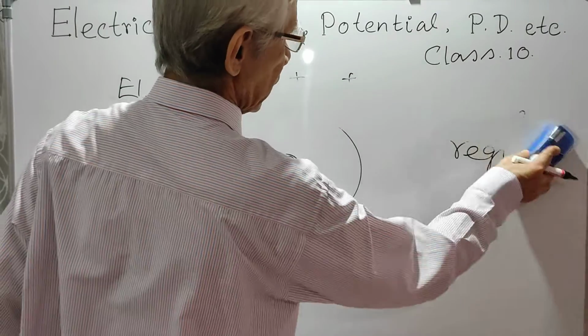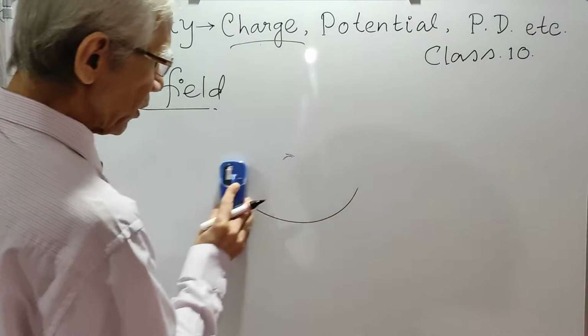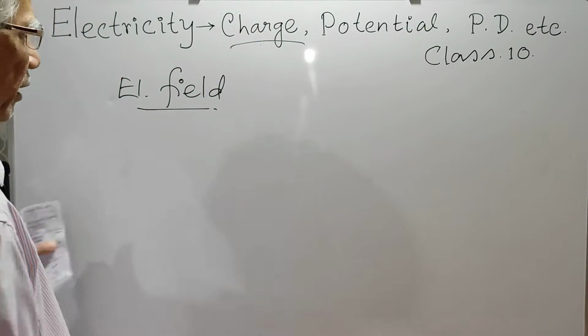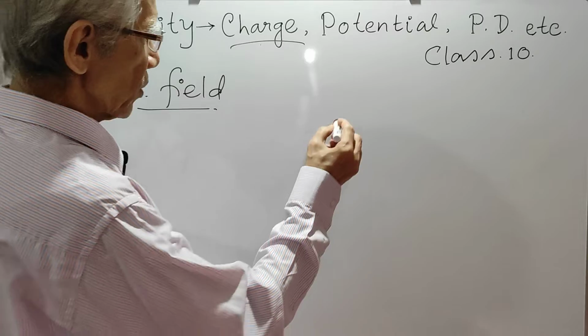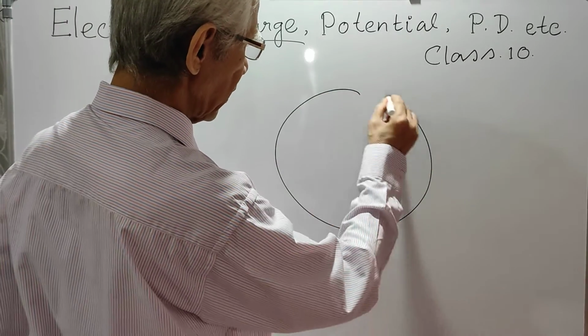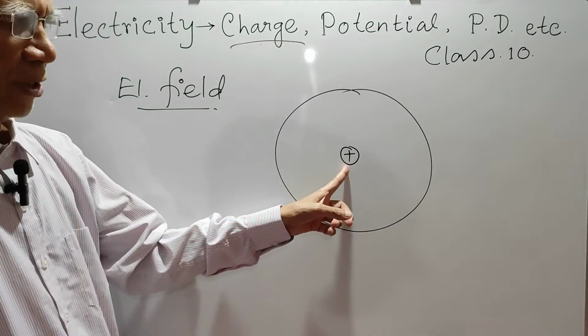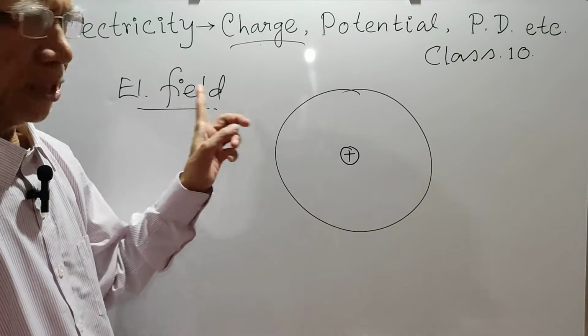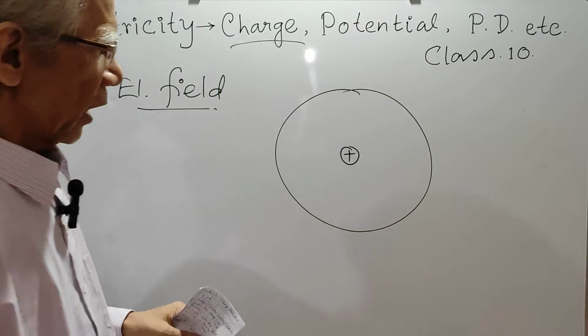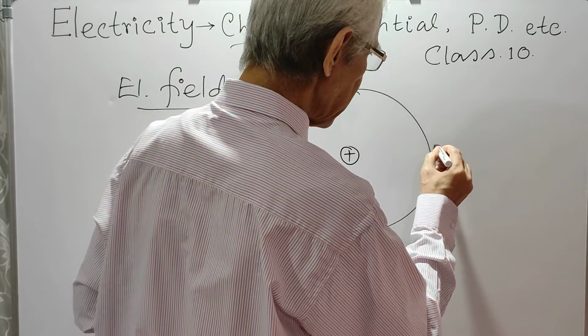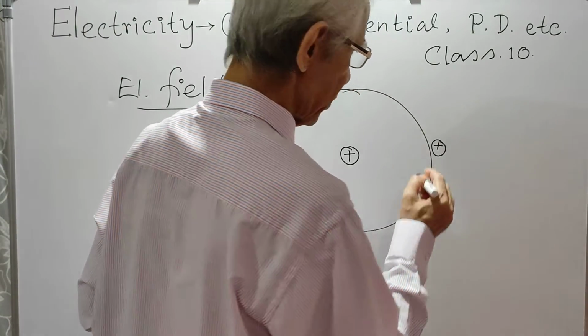Now, in order to understand potential, we have to have this idea clear, electric field. Now say this is the electric field of this positively charged body. Now consider here a unit positive charge.